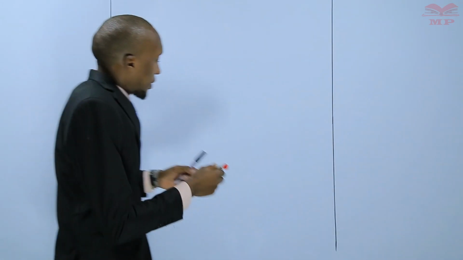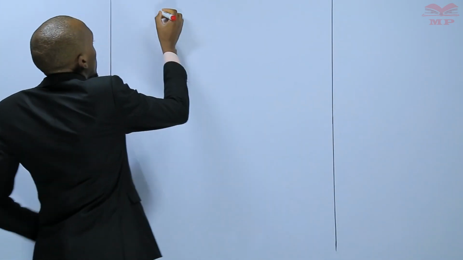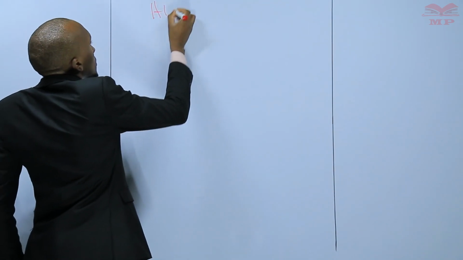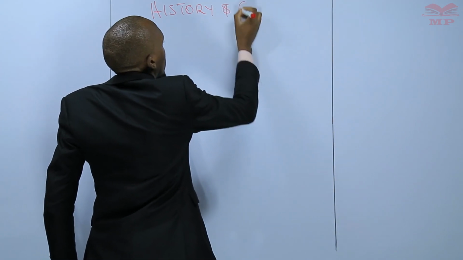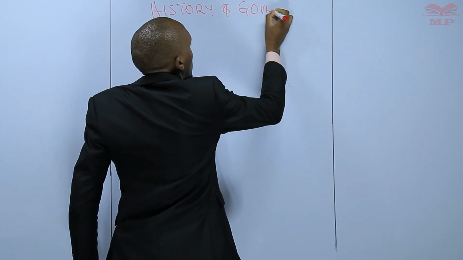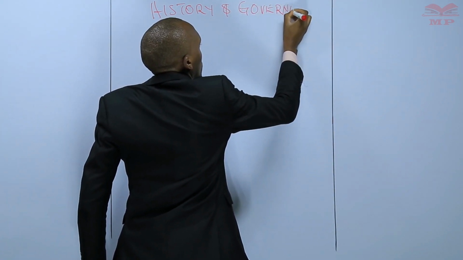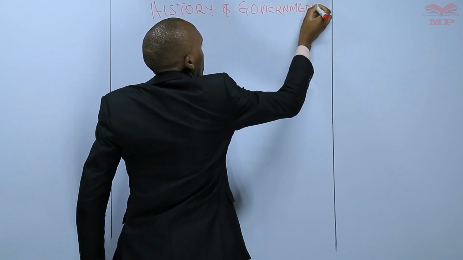We're going to have a lesson in history and government, that is Form 4. That is the lesson we are going to have today.